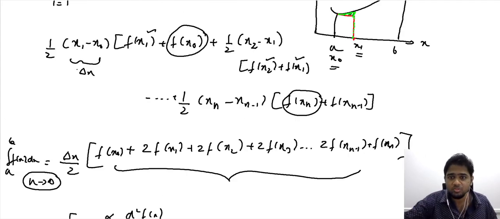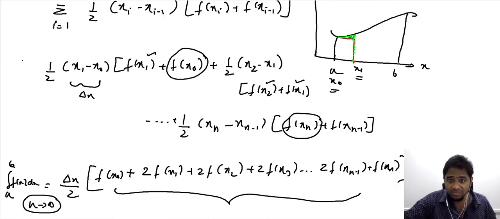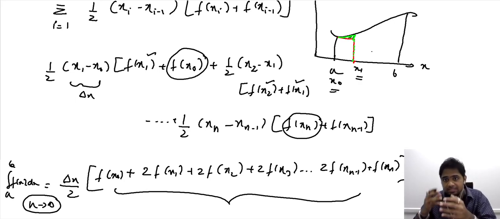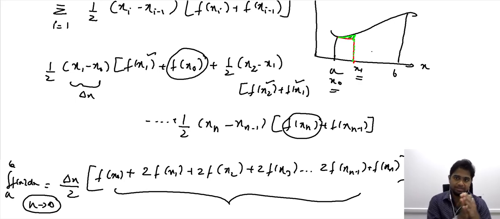The reason is that when n tends to infinity, the number of partitions you are making is increasing. The number of such discretizations, be it with trapezoids or rectangles, will correspondingly increase when n tends to infinity.